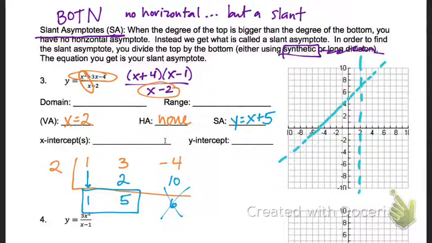So when I factored, that made my x-intercept journey a little bit easier. So where would my x-intercepts be? -4 and 1, thank you.